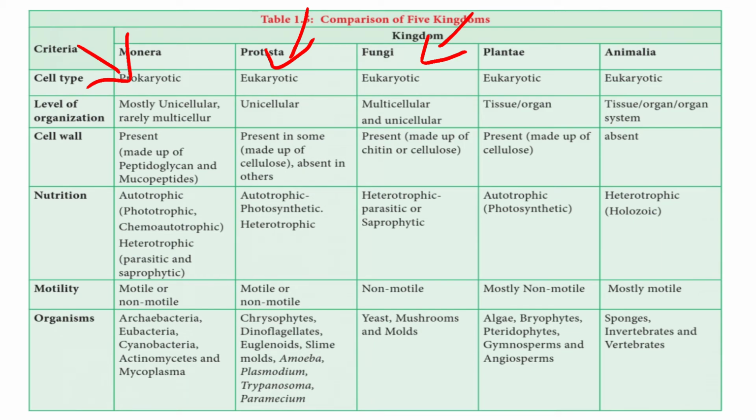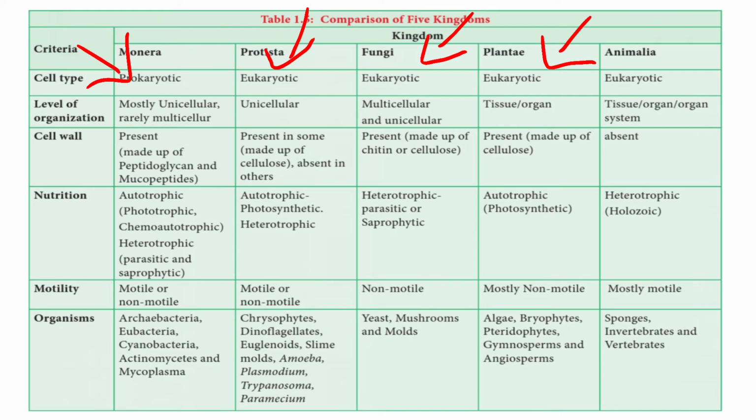Next, the Plantae. Plantae cell type is eukaryote, and here also multicellular, with tissue and organ types seen here. Cell wall is made up of cellulose.